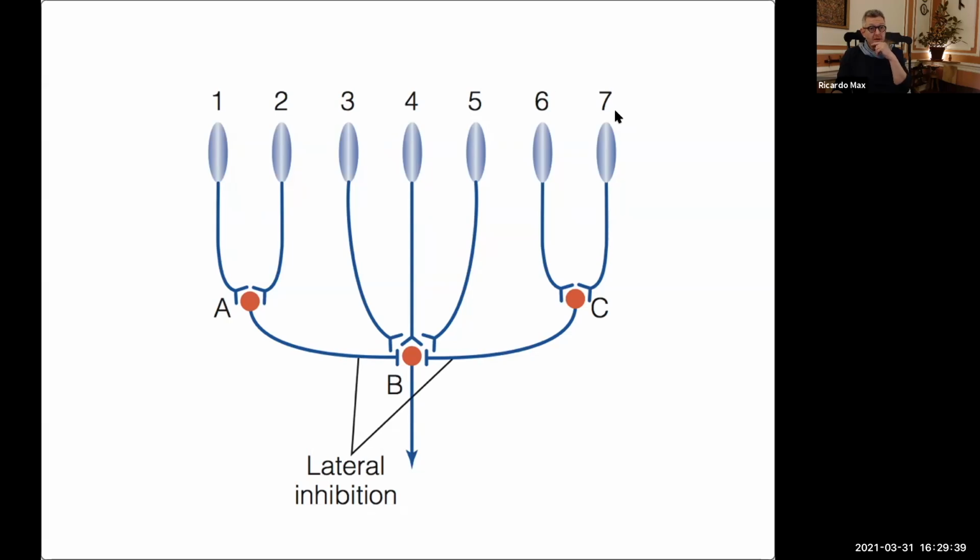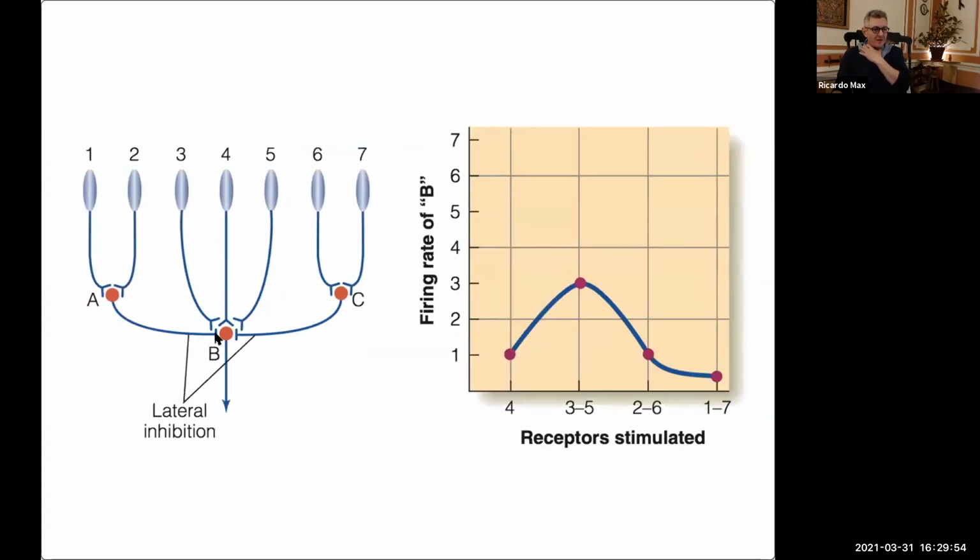Whenever a given receptor is activated, it not only activates its private ganglion cell, it also inhibits the neighbors. Looking at this diagram, it would be more like a bipolar cell, not a ganglion cell, but it doesn't matter.